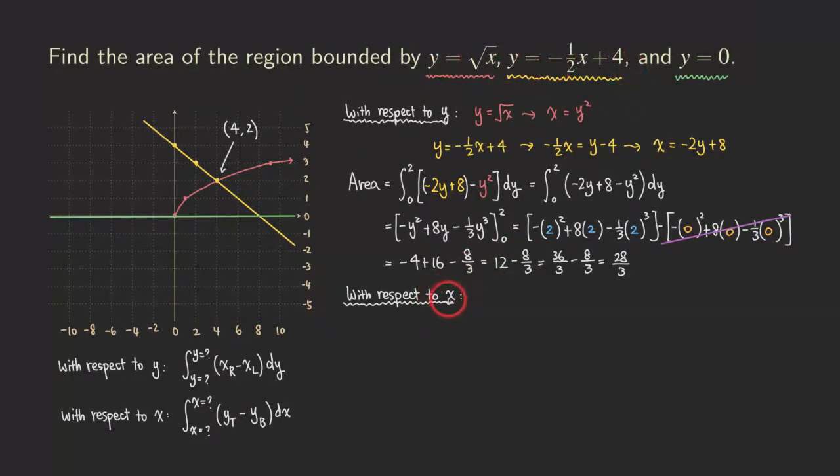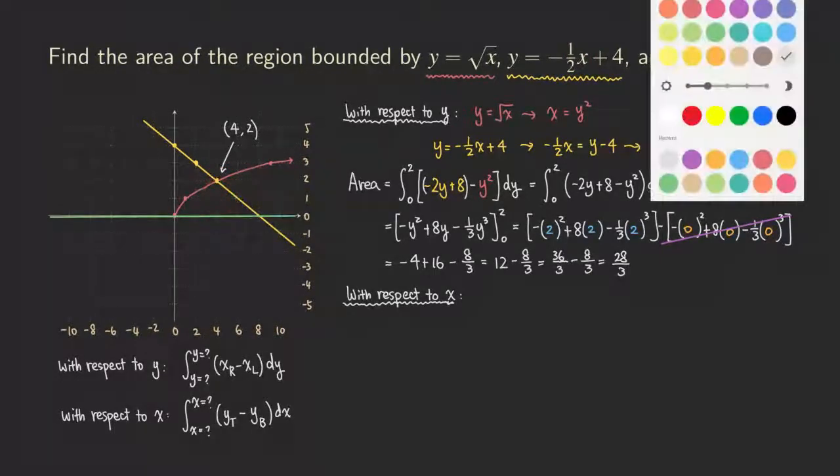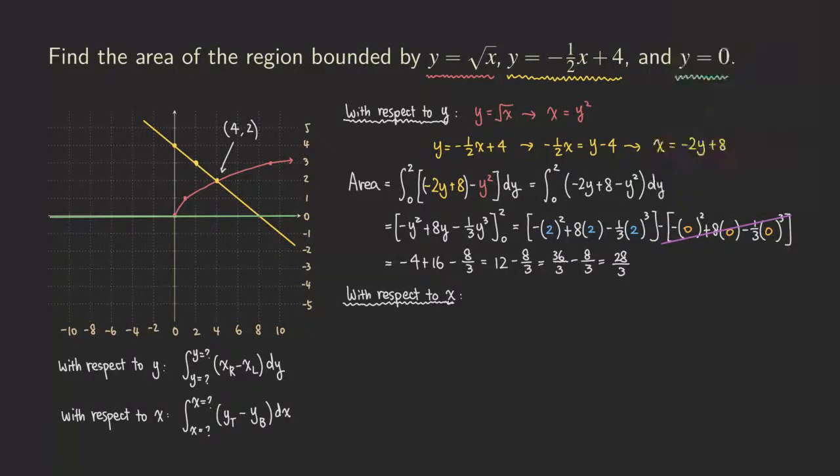And because when we integrate with respect to x, we actually need to write the two functions in terms of x. So what happened is that we got to break the region in two. So what we are doing is that we got to write it so that we gotta break the region like this, and then so that you have two regions right here.